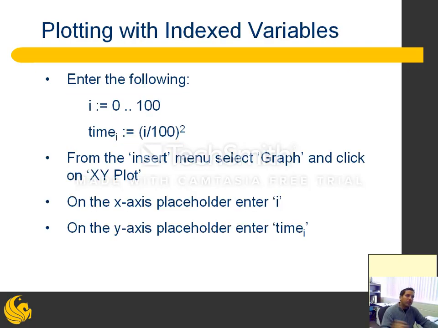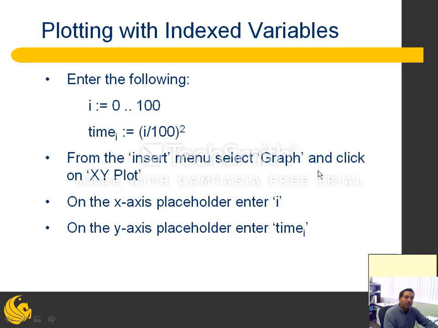So let's plot with index variables, for example. Let's say that we create a range variable i from 0 to 100, then we create an array called time, indexed with i, that is defined as i divided by 100 to the square power.